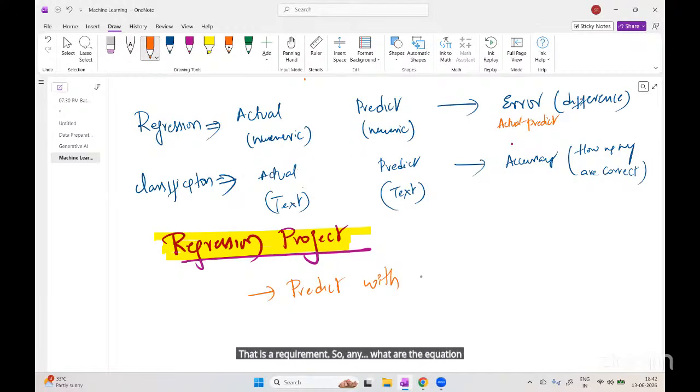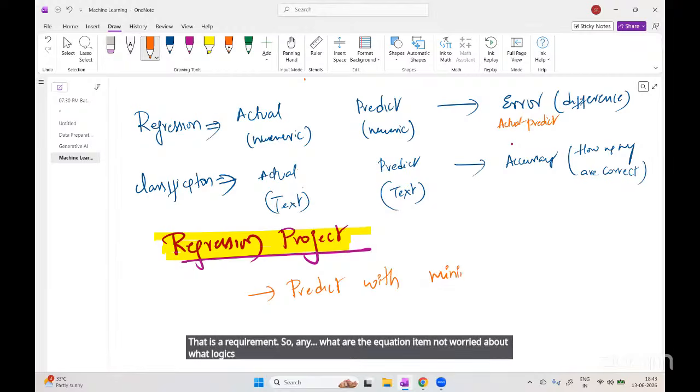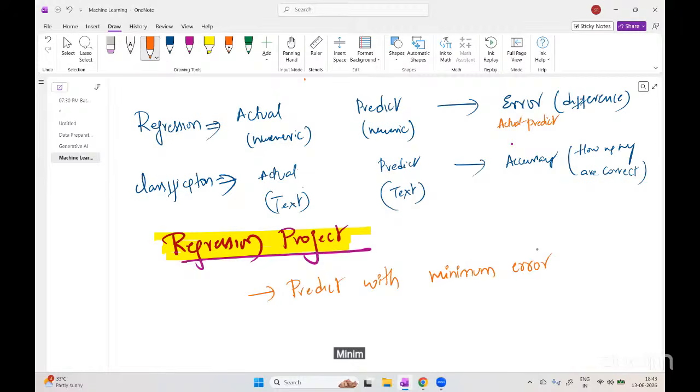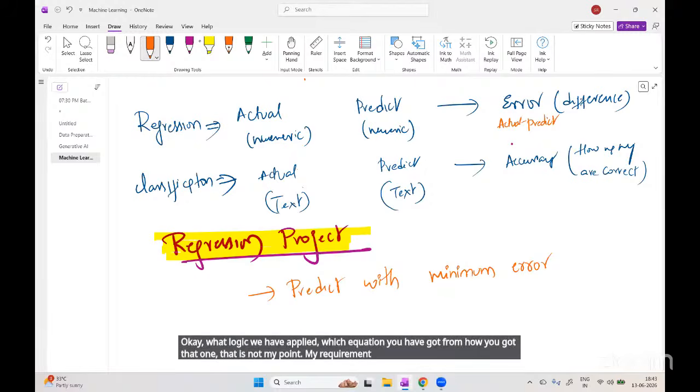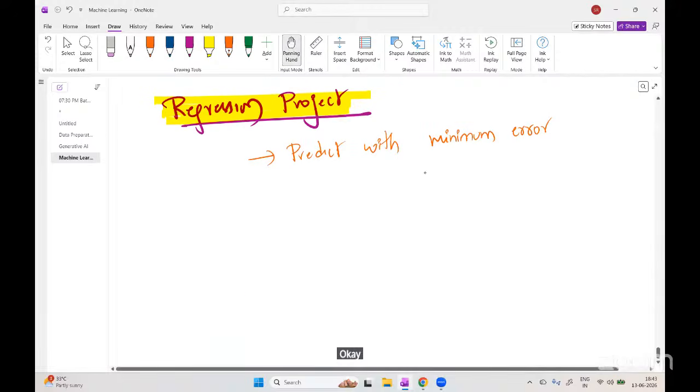I am not worried about what logic you have applied, which equation you have got, or how you got that. That is not my point. My requirement is only minimum error. If I give you one data set, you need to identify the perfect equation.